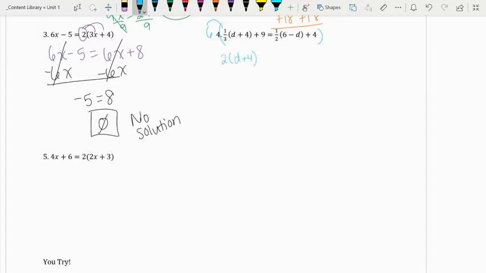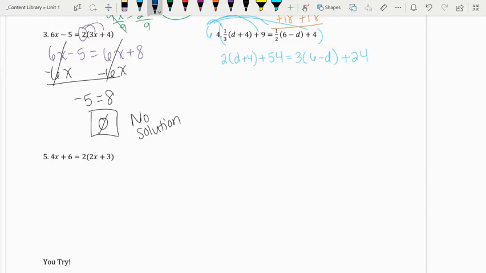Remember, we do not put it inside any parentheses. Then we need 6 times 9, which is 54. Keep going to do 6 times 1/2, or 6 divided by 2, which is 3. Keep the parentheses the same. And then we need the 6 times the 4, which is 24.